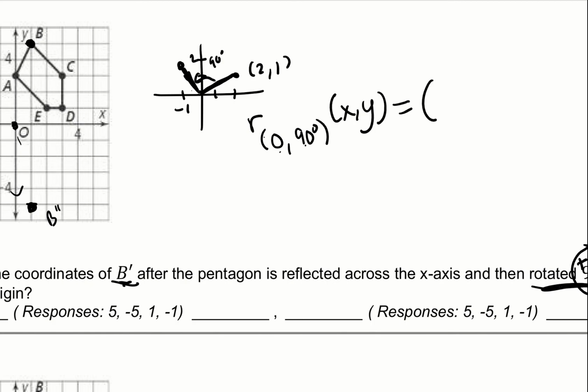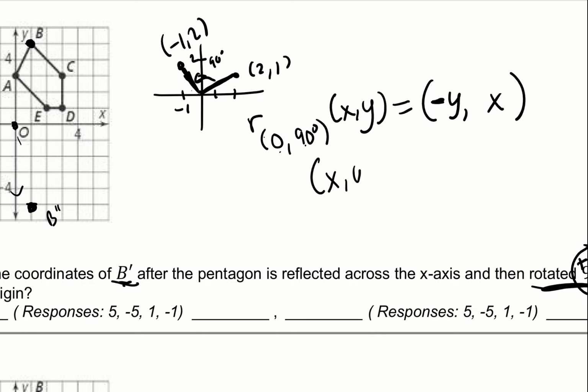The rule for that is that you switch the x and the y values, because this is going to be -1, 2. So now y is x, x is y. And then you take the opposite of the y value, which is now going to be the new x value right here. So this is the rule.